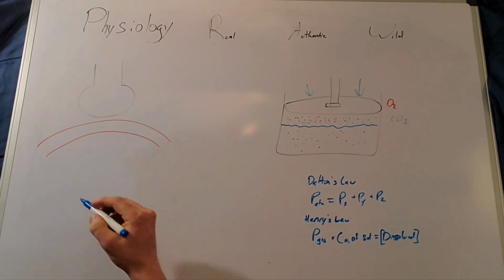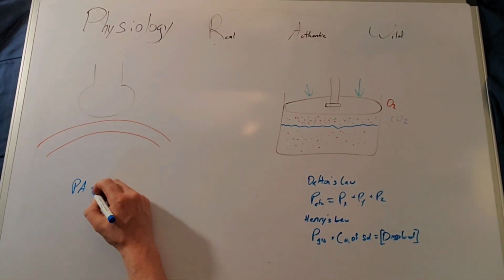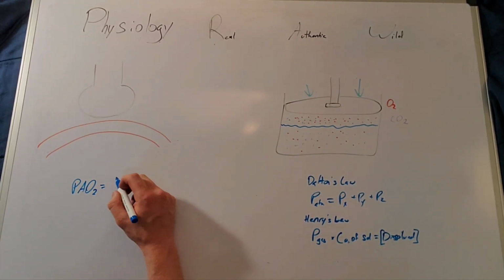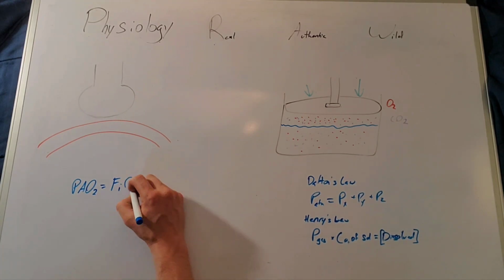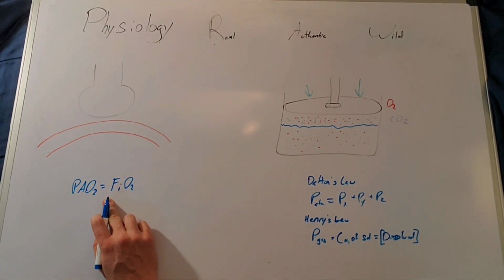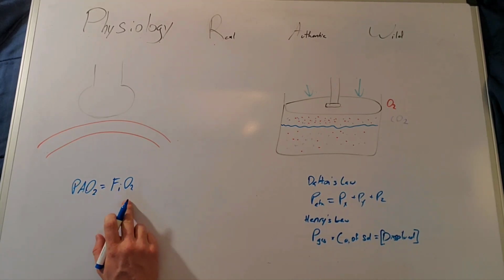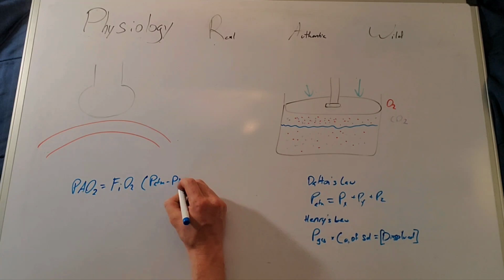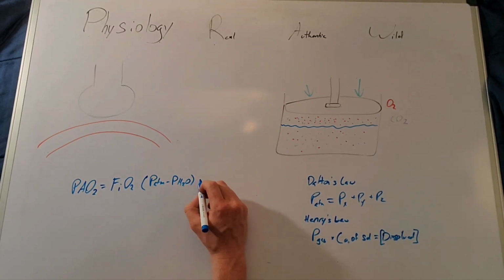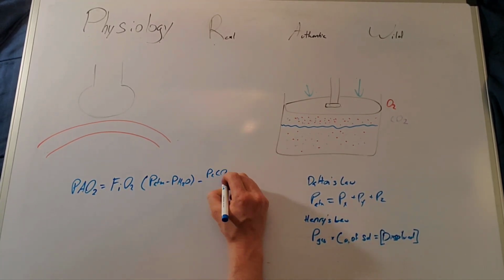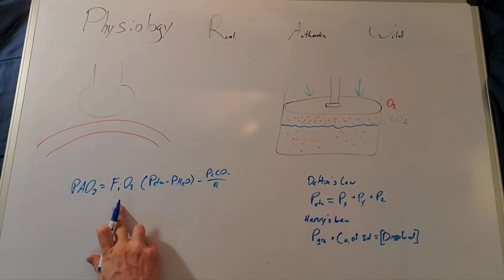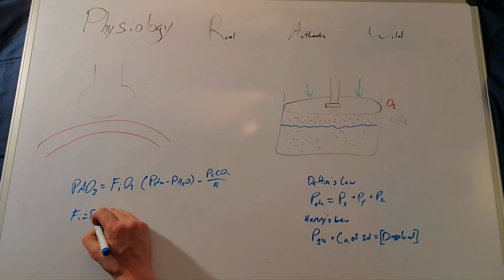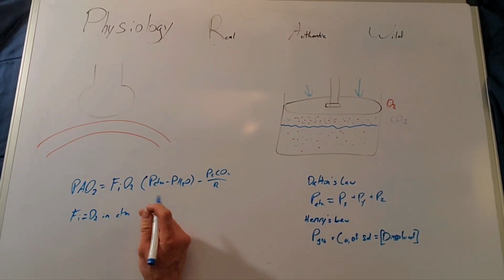So the pressure of the alveolar O2 equals FiO2, the fractional concentration of inspired oxygen, times the pressure of the atmosphere minus the pressure of H2O, minus PaCO2 over R.